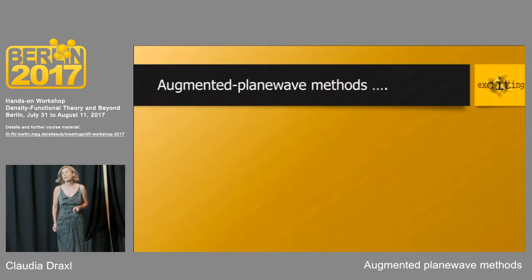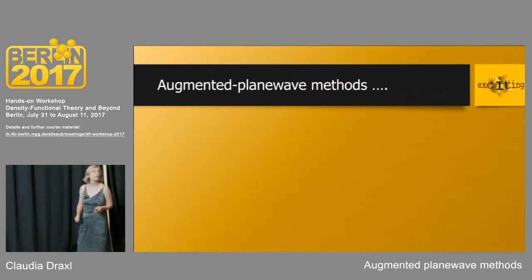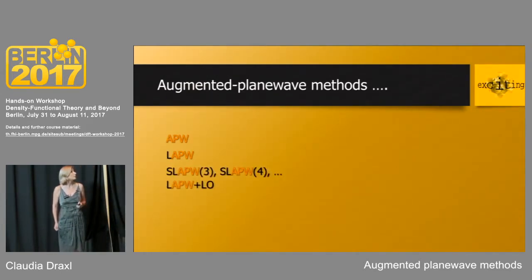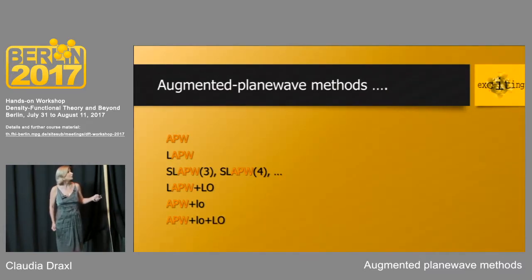So the augmented plane wave method starts actually with APW. This is, so to say, the history of these methods. But then if you look into the literature, there's a lot of methodology: LAPW, super LAPW, both big local orbitals, small local orbitals, combinations, all of this.